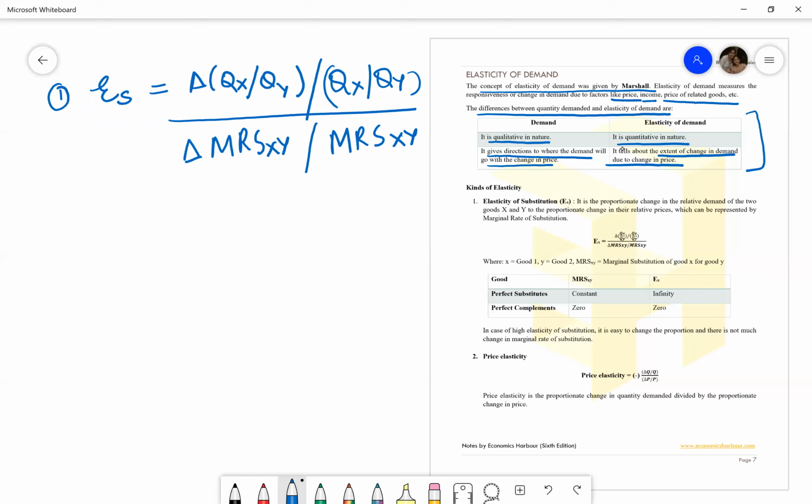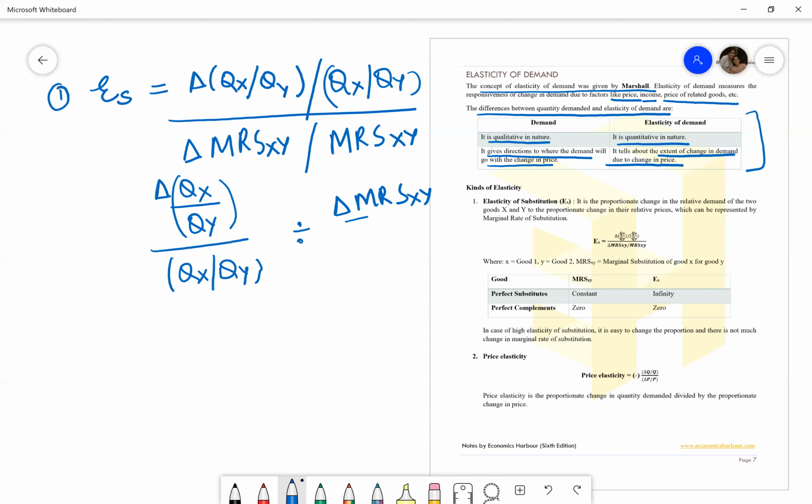This can be further simplified as change in qx by qy, divided by qx by qy, divided by change in MRS xy upon MRS xy.